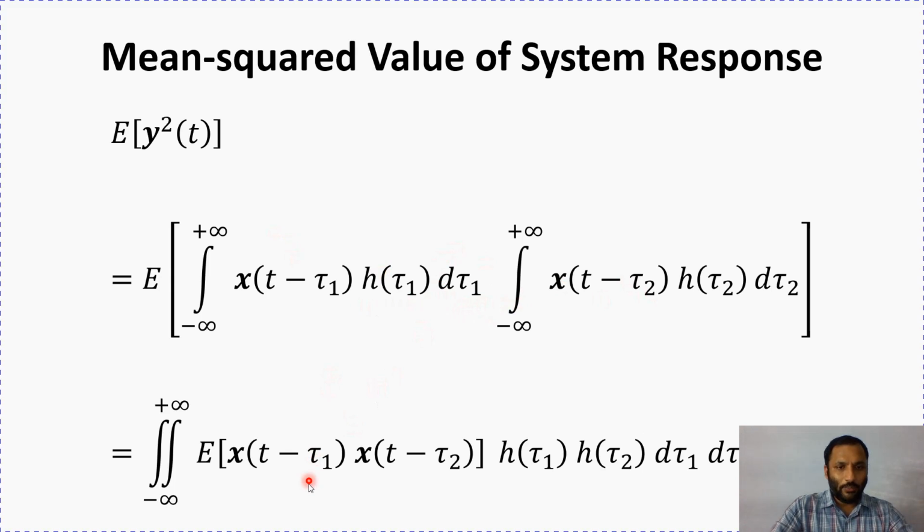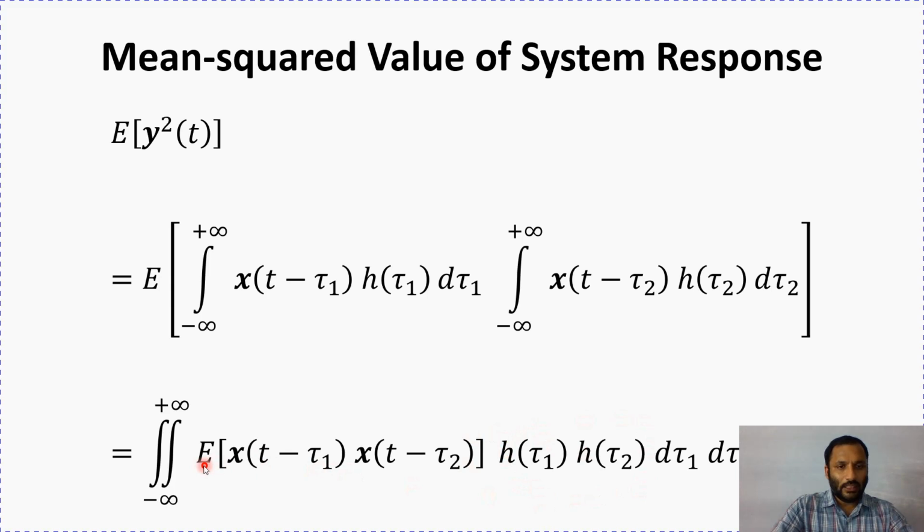Now I can take this integration inside and write the expectation of the random variables. Here the random variables are this x and this x, and these h's are constants, so they come outside the expectation.